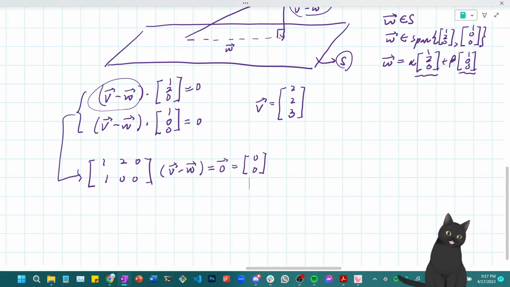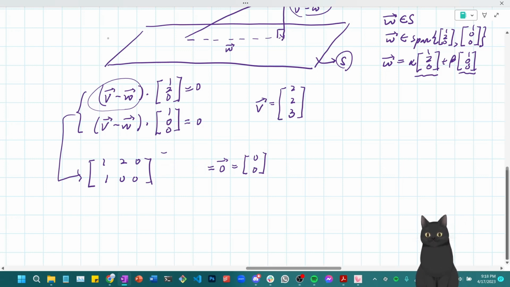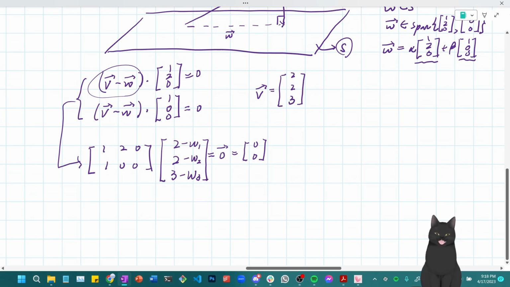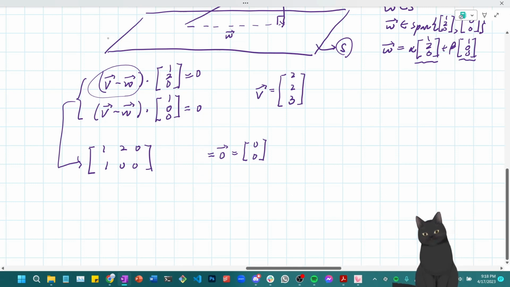So first of all, I'm going to fill in the values of v, so that this is relatively easier to deal with. It's going to be 2 minus w1, 2 minus w2, and 3 minus w3. So actually, I can get this a little easier. Let's say that we revert back to v minus w instead of writing this entire complicated expression.